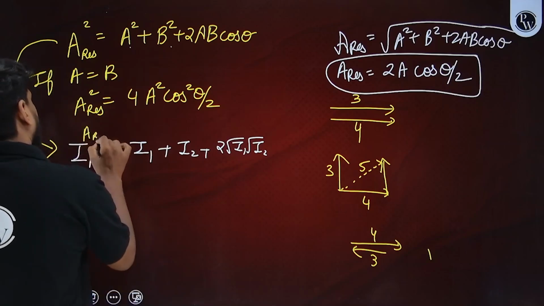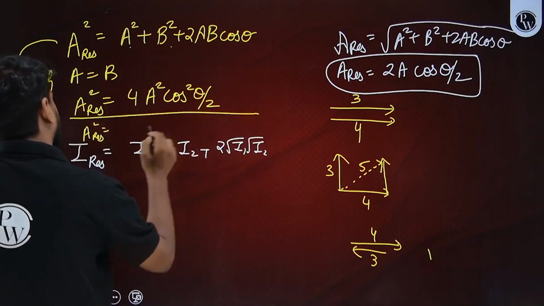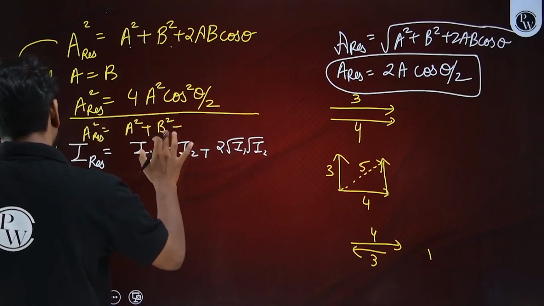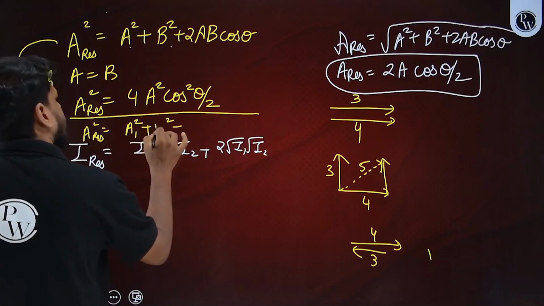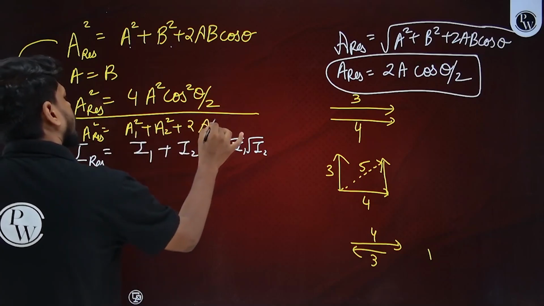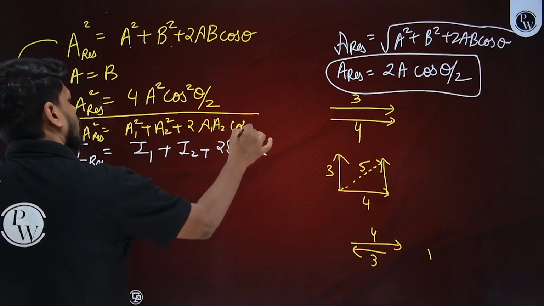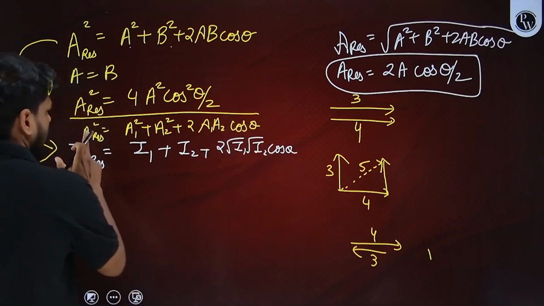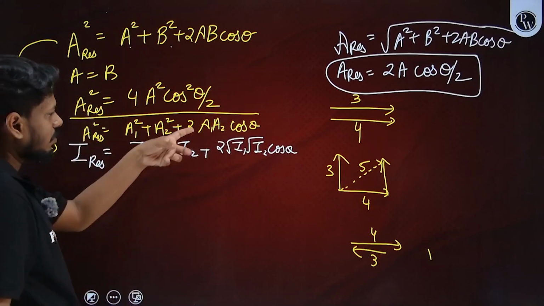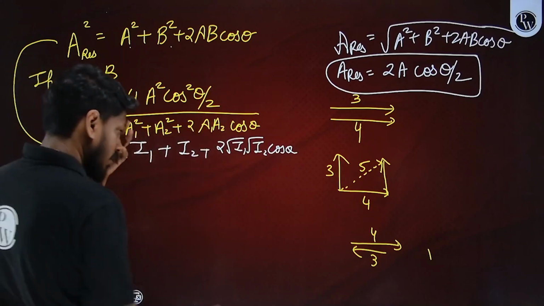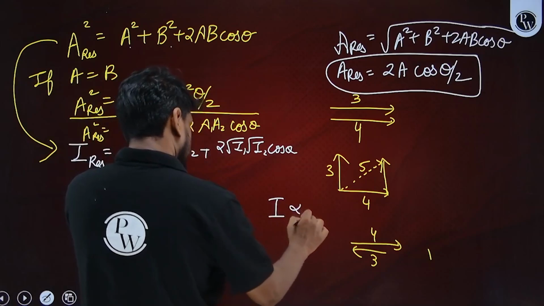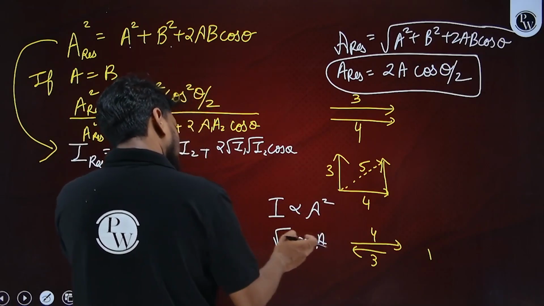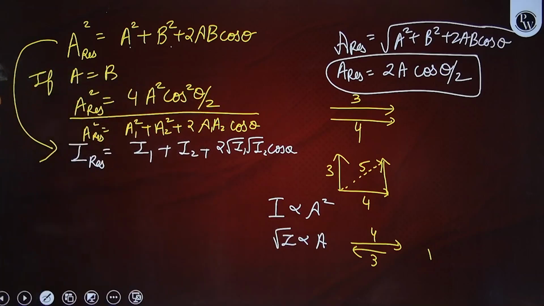So my A resultant square is equal to A square plus B square. Let me put it A1 and A2 plus 2A1 A2 cos theta. So if I have A square, I can put I. If I have only A, I have to put root of I, because I is proportional to A square. Then root of I is proportional to what? A. So if there is only A, put root of I. If there is A square, put this one.